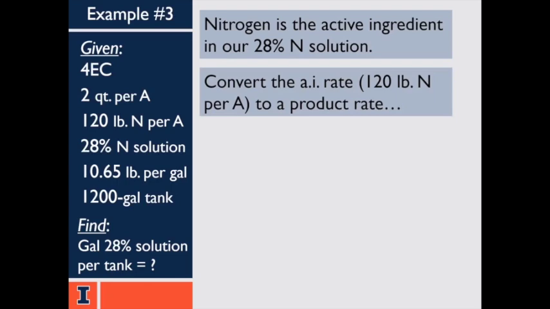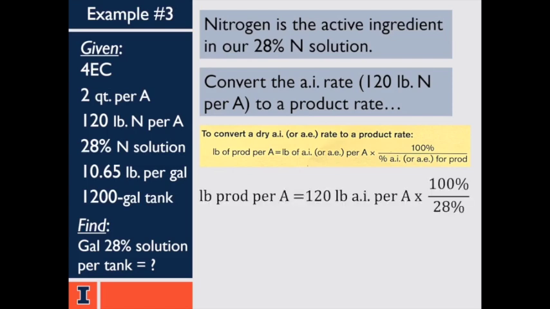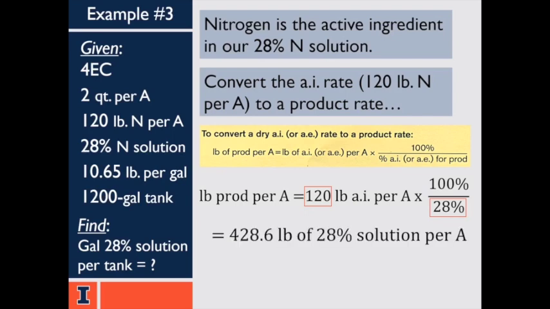Since we're given the percent active ingredient by weight, i.e. 28%, we can use the dry AI to product rate conversion formula from our equation sheet. Plugging in our given AI rate of 120 pounds of AI per acre and our 28% AI, we take 120 multiplied by 100 and then divide by 28 to get 428.6 pounds of product, in this case our nitrogen solution, per acre.